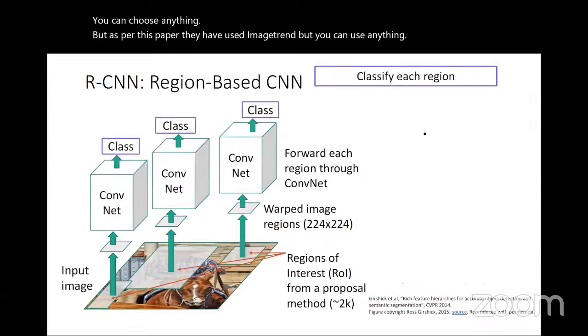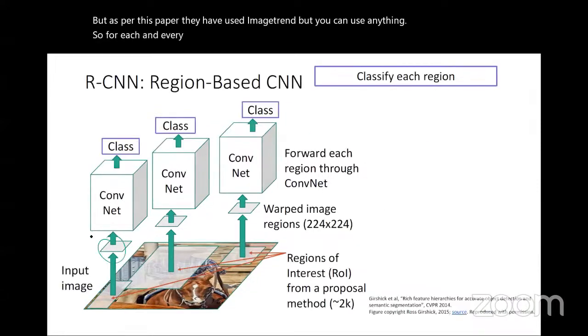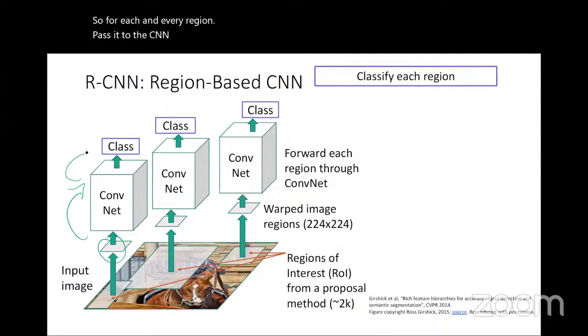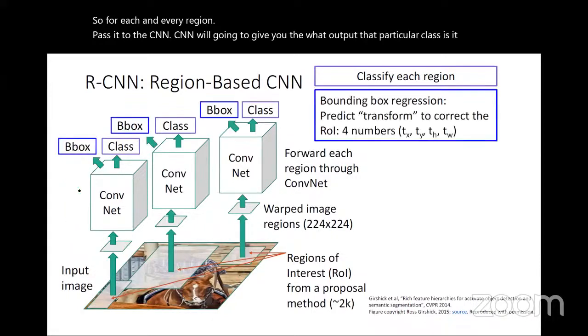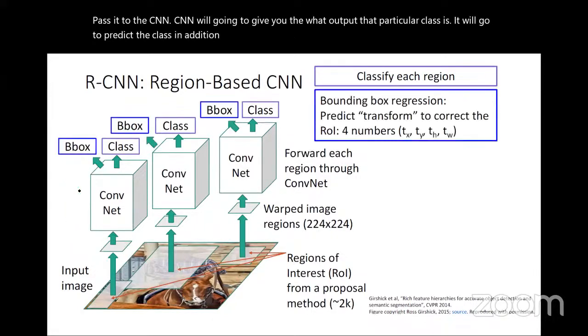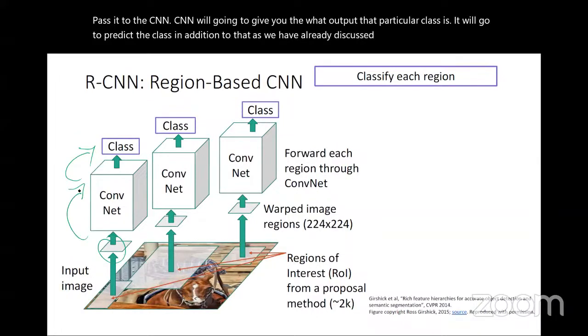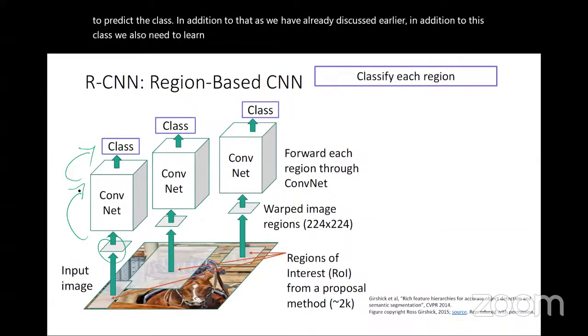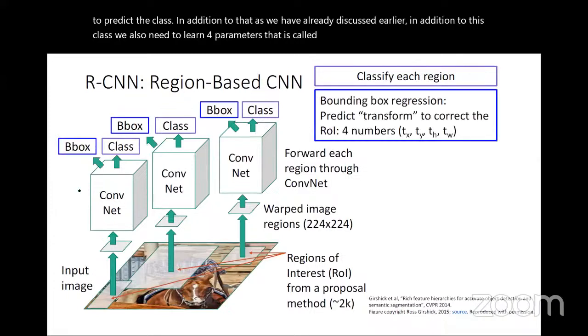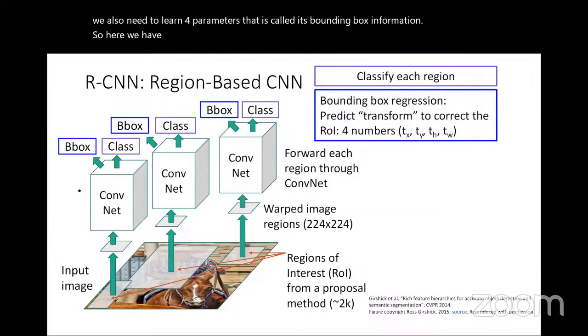So for each region, pass it to the CNN, and the CNN will predict the class. In addition to the class, as we have already discussed earlier, we also need to learn 4 parameters, the bounding box information: TX, TY, TH, TW.